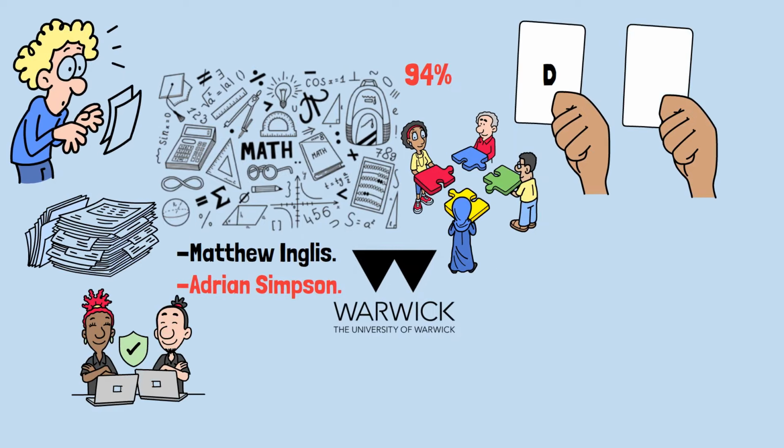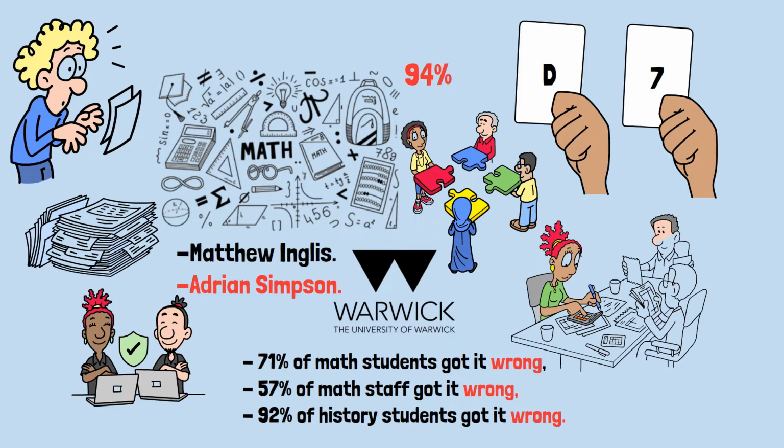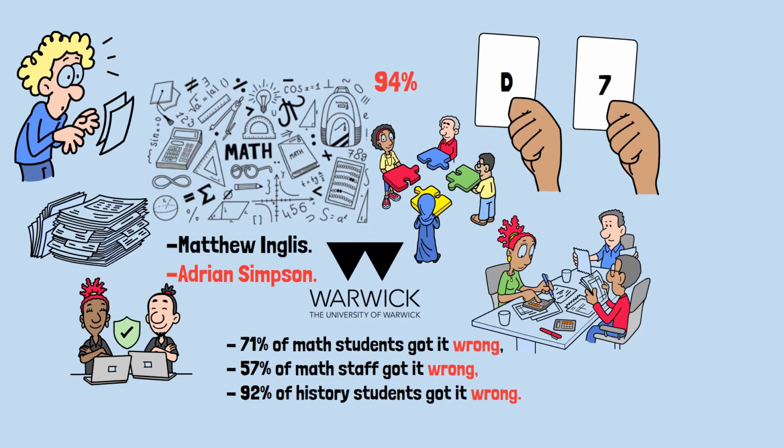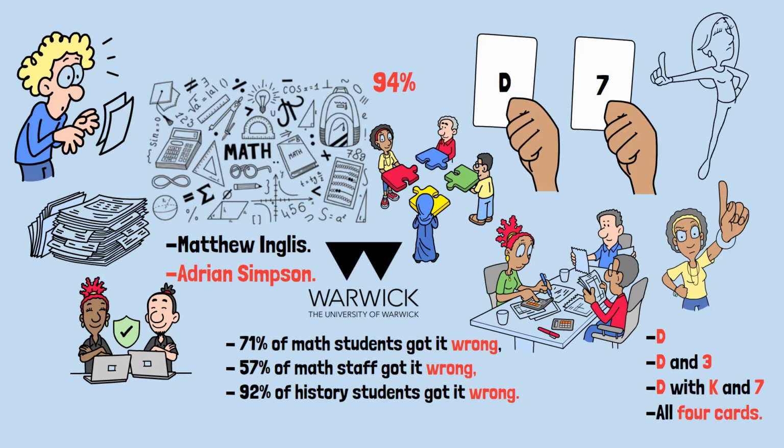But for the complete correct answer of D and 7, the failure rates were staggering. 71% of math students got it wrong, 57% of math staff got it wrong, and 92% of history students got it wrong. Even among those trained in mathematical logic, more than half fell into the trap. Common wrong answers included just D, D and 3, D with K and 7, or all 4 cards, which would work in practice but isn't the minimal solution the puzzle asks for.